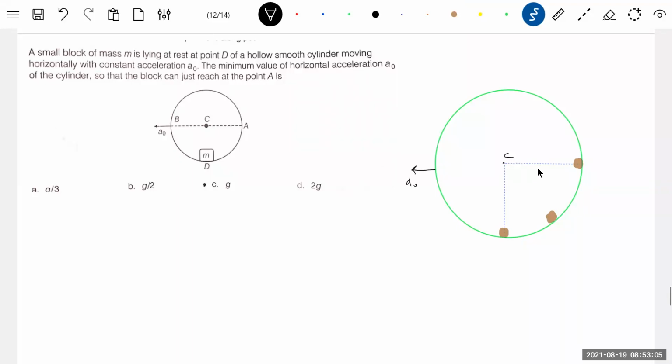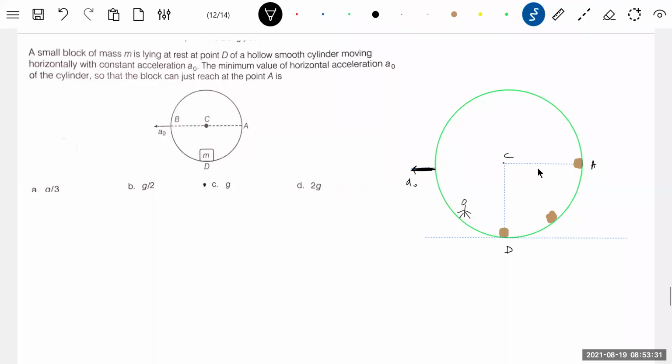So what makes it slide up? Now shall we discuss the problem with respect to here? So let there be a person. We'll ask him to solve, so that will be easy for us. This is what happened. It is accelerating. We'll ask this person to solve.